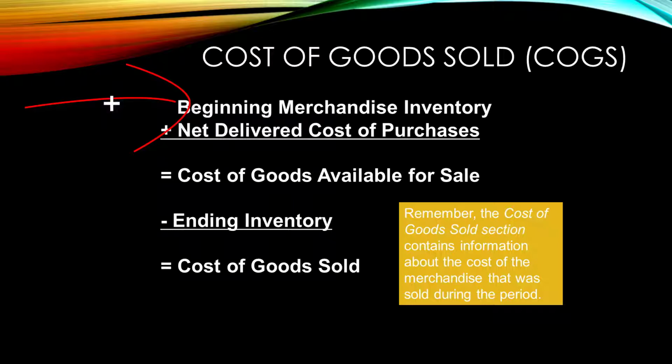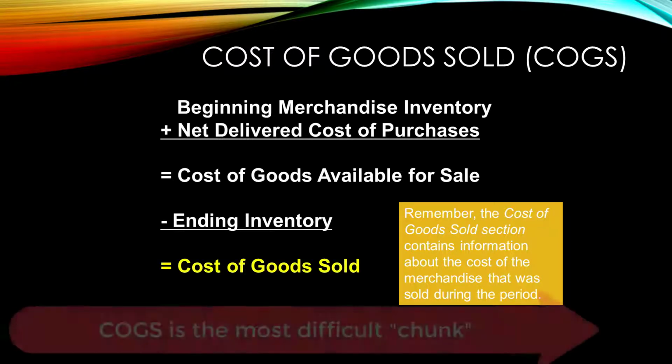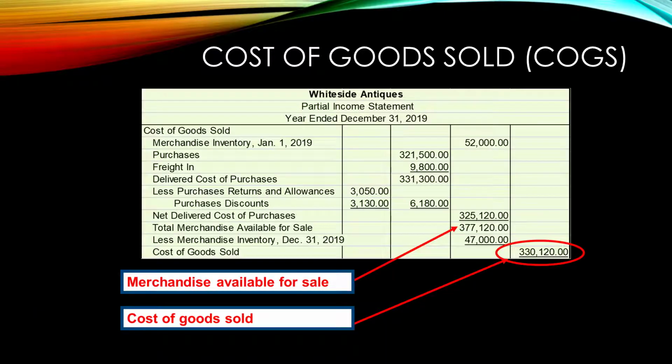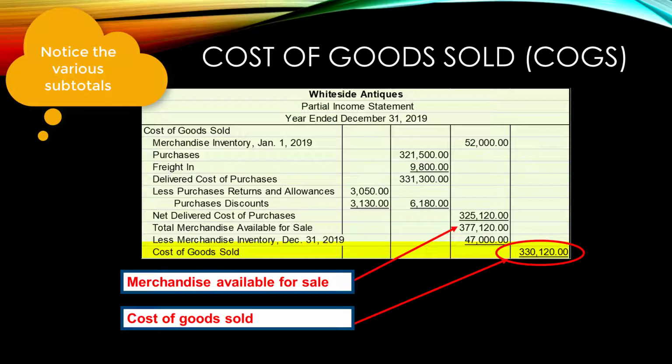The beginning inventory is added, and the ending inventory, because it hasn't yet been sold, is deducted, and the ending result of cost of goods sold is computed. Again, this is the hardest chunk on the multi-step income statement. You're going to need to practice in order to be able to master it. On the next slide is a summarized cost of goods sold computation for the company described in your book.